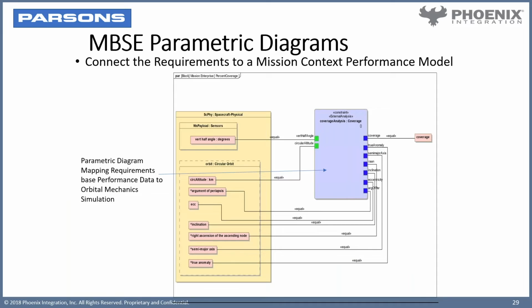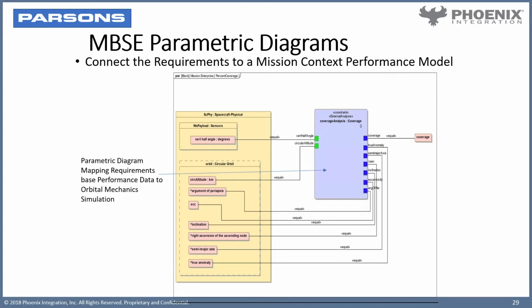So just a little highlight of what they had to do, or one of the diagrams that they used. This is their parametric diagram that they used to connect the SysML model in MagicDraw to the ModelCenter workflow to calculate coverage.